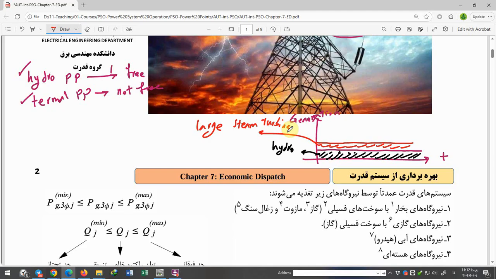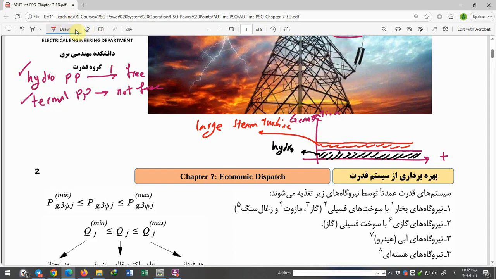The steam turbine power plant starts with many considerations, with many complexities, and you should shut down with an overhaul procedure. And so starting the steam turbine needs more time and is very costly.